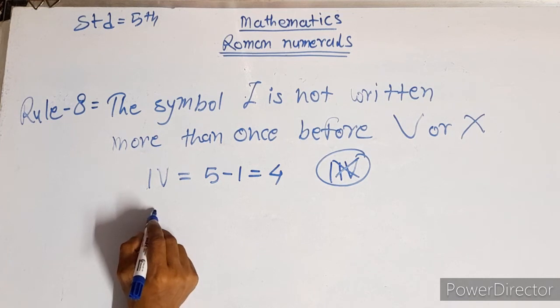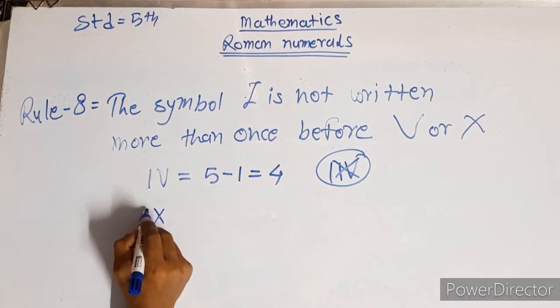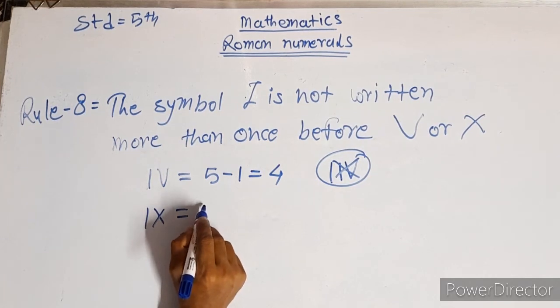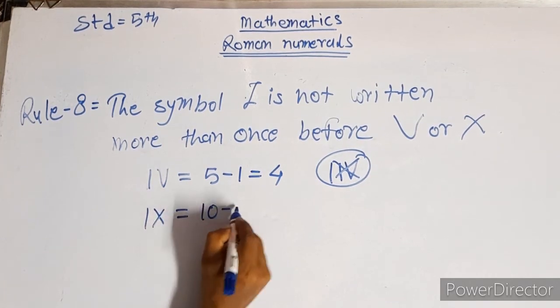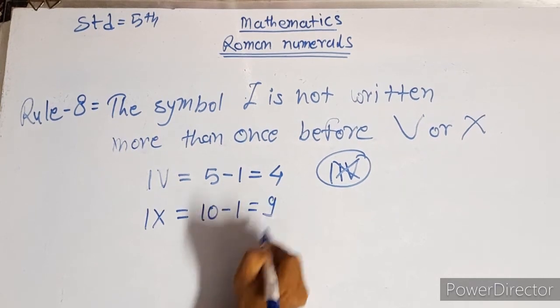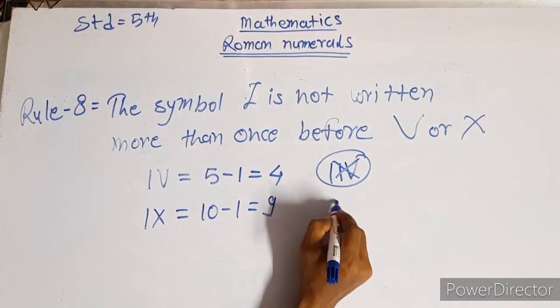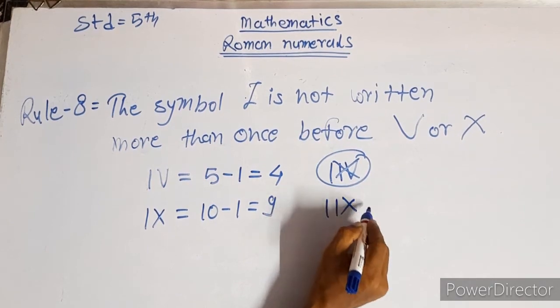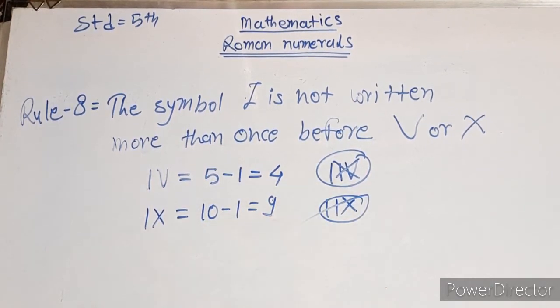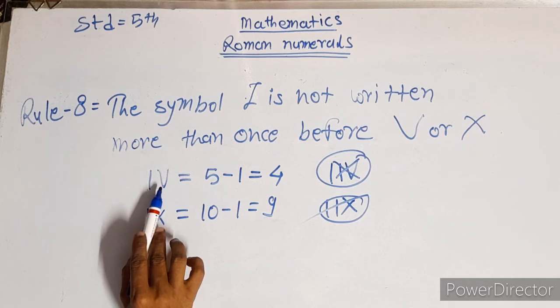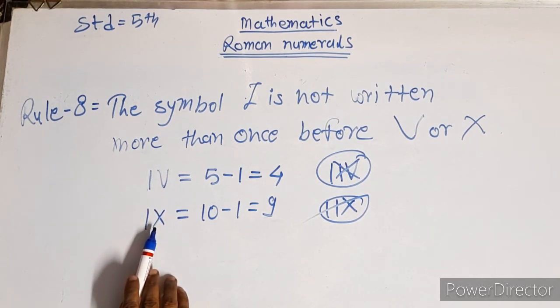Now 10 minus 1 is equal to 9. At that time, do not write this type. Do you understand? It means the letter I is used only one time before V or X.